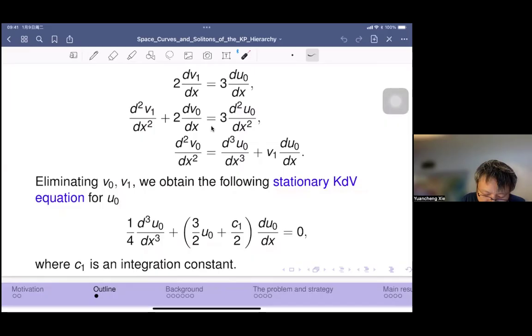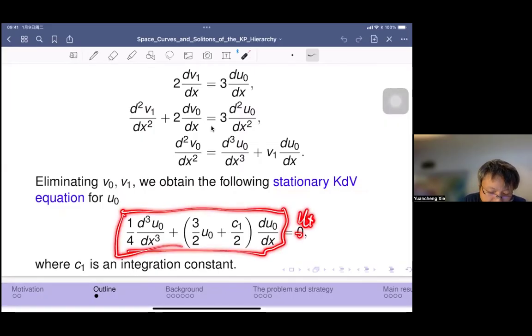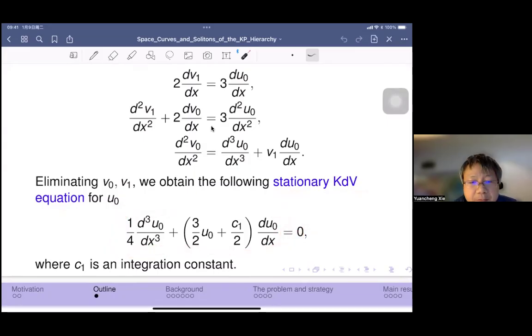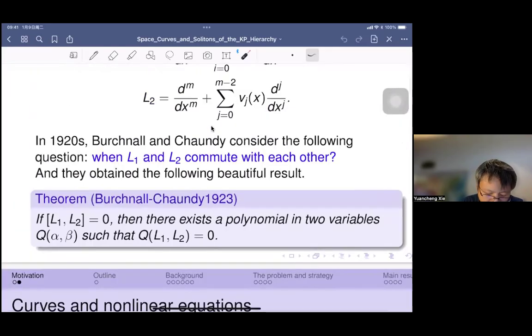If I set this equal to u_t, then that's exactly the classical KdV equation. Okay. So in the theory of Burchnall and Chaundy, we have two differential operators that commute, and then we have one equation in two variables that will define an algebraic curve. So it's a plane algebraic curve.